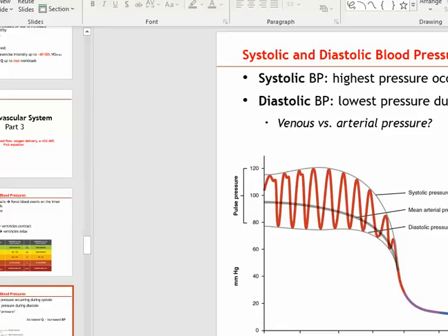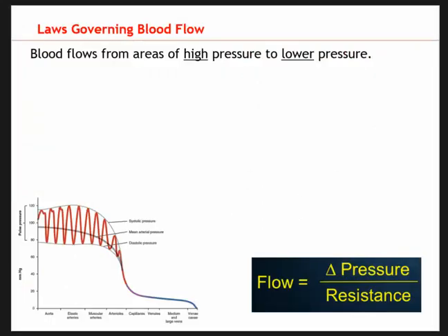To this lecture, we want to now discuss laws governing blood flow. So blood flow is based on the relationship between a change in pressure and the resistance experienced. We see that blood flows from areas of high pressure to areas of lower pressure. So the highest pressure is in the aorta, like we can see here at the bottom.